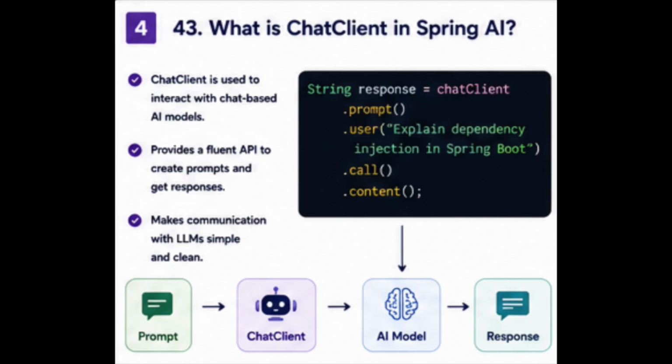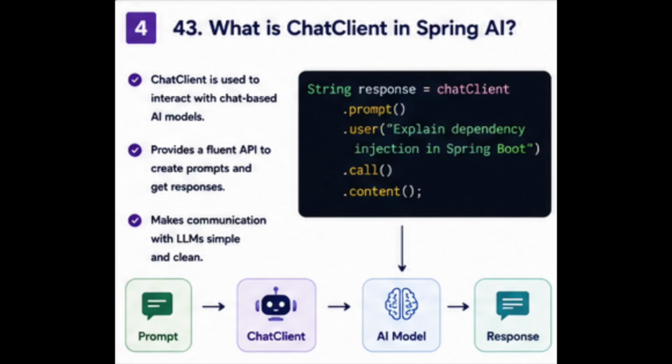What is Chat Client in Spring AI? Chat Client is one of the important APIs used in Spring AI to interact with chat based AI models. It provides a fluent API for creating prompts and sending them to a model. For example, String response equals chatClient.prompt().user(), and in that, we write our query, explain dependency injection in Spring Boot, then .call().content().